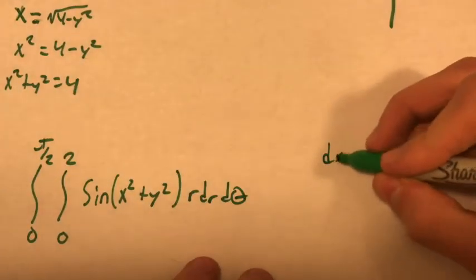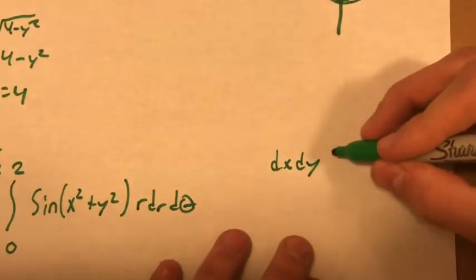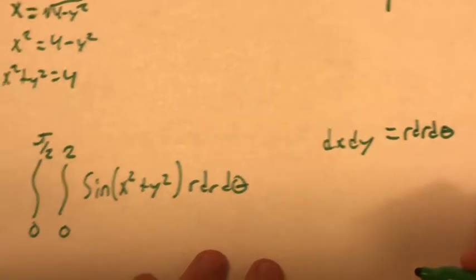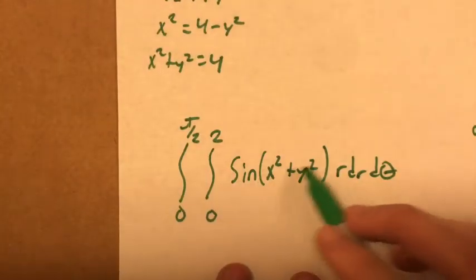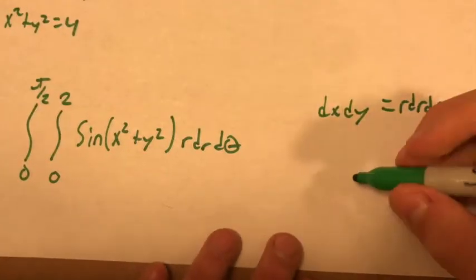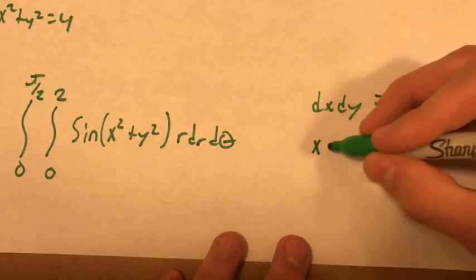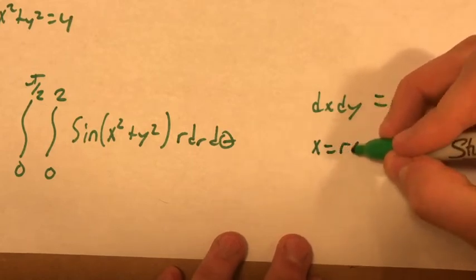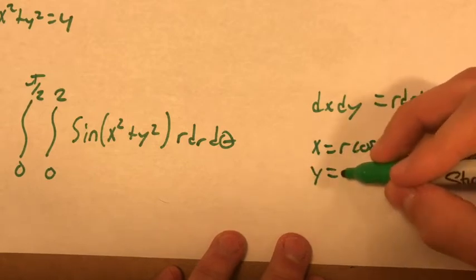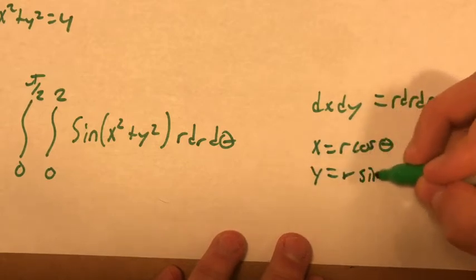So dx dy is equal to r dr d theta, and we're going to change this x squared plus y squared into the polar form. So x equals r cosine theta, and y equals r sine theta.